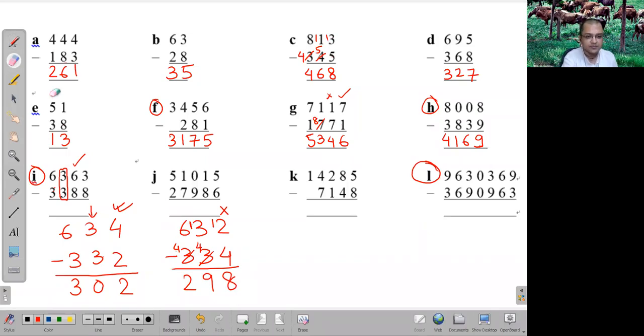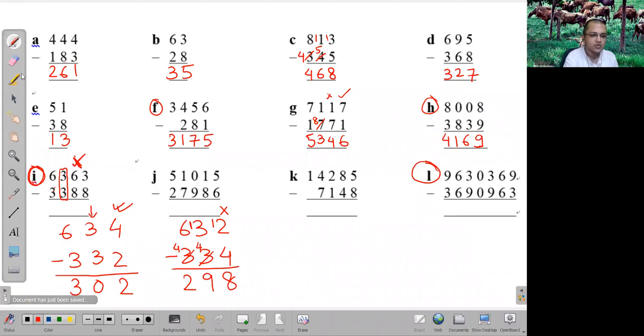Okay, so now coming to number I, we should do 6 minus 3 or 6 minus 4? 6 minus 4, because 6 minus 8 is not possible.